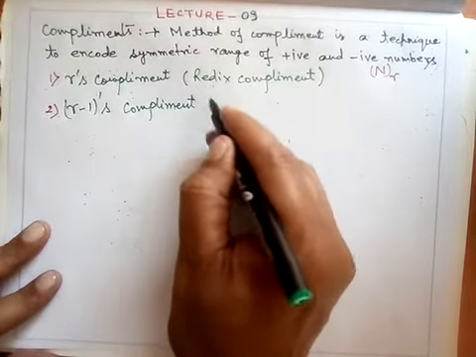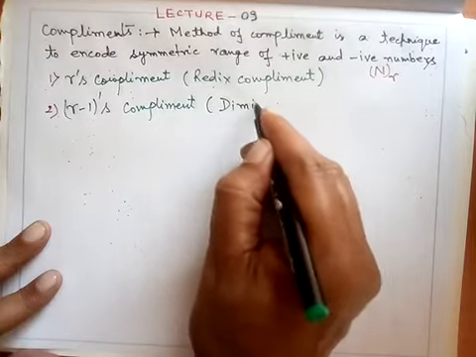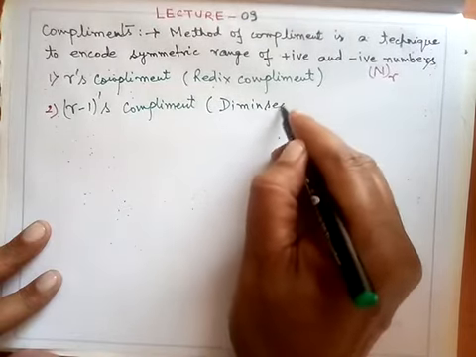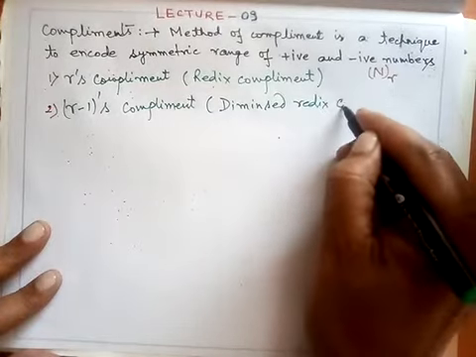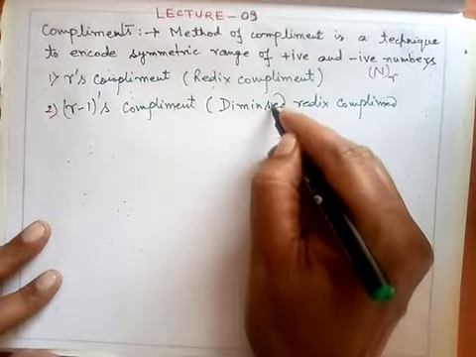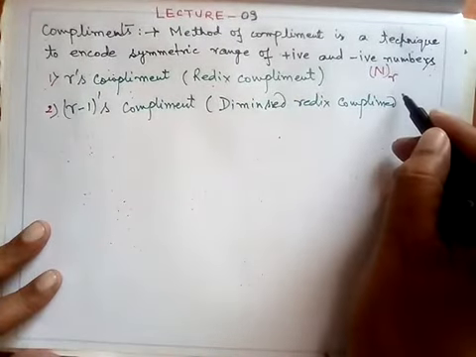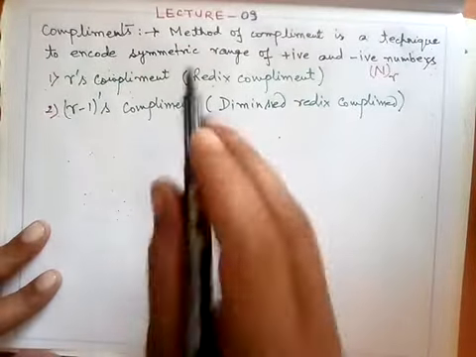Sometimes it is also called the diminished radix complement. I hope that these classification names are clear to you as per the name.